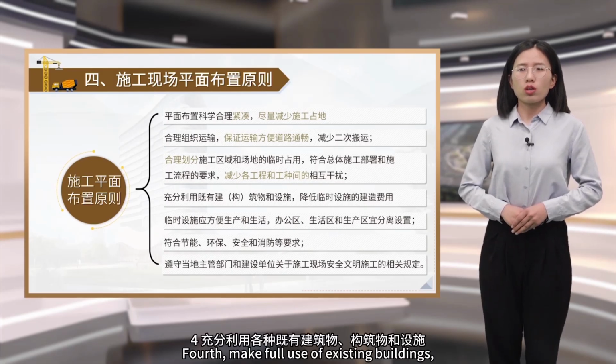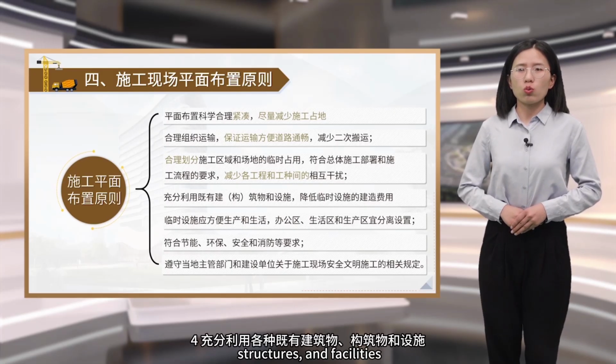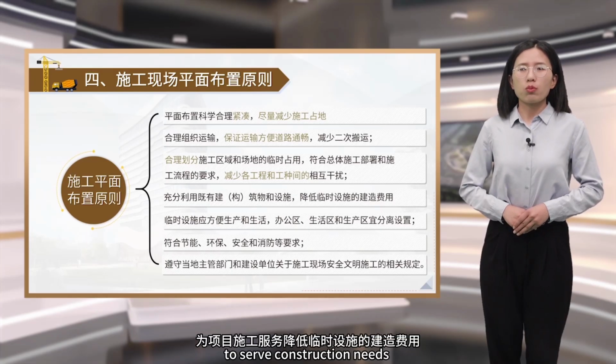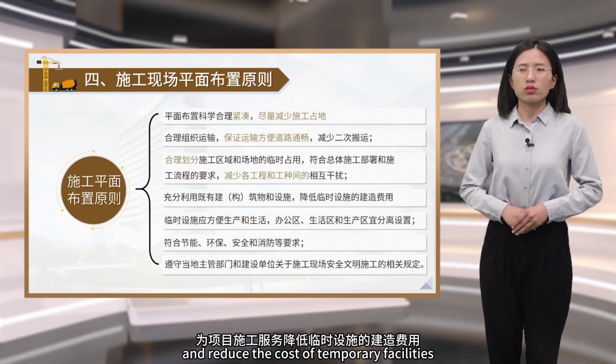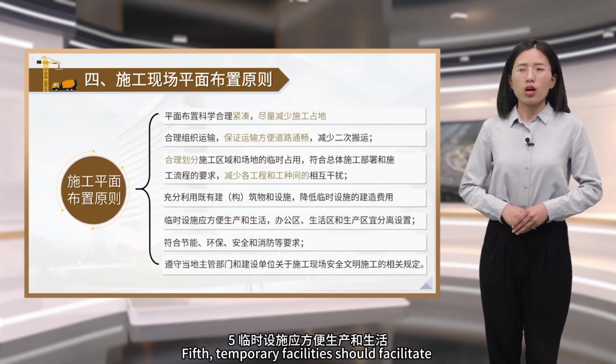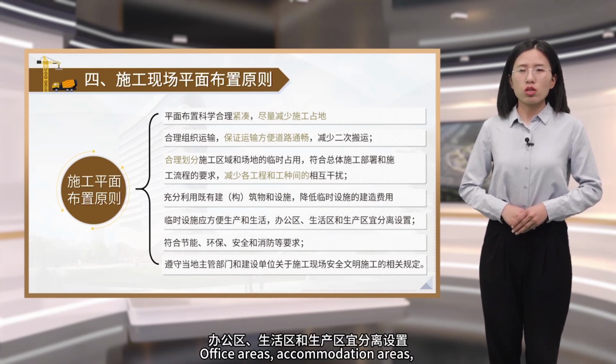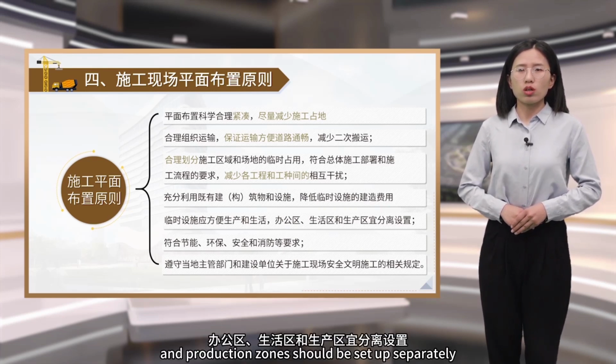Fourth, make full use of existing buildings, structures, and facilities to serve construction needs and reduce the cost of temporary facilities. Fifth, temporary facilities should facilitate both production and daily life. Office areas, accommodation areas, and production zones should be set up separately.